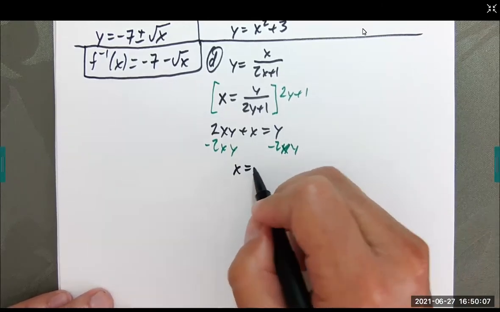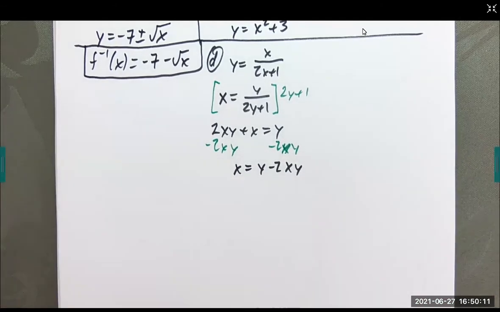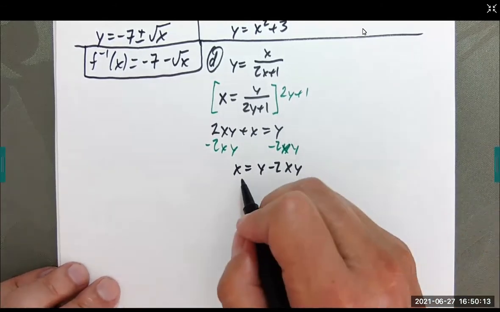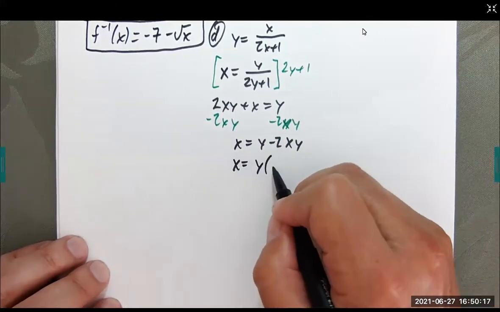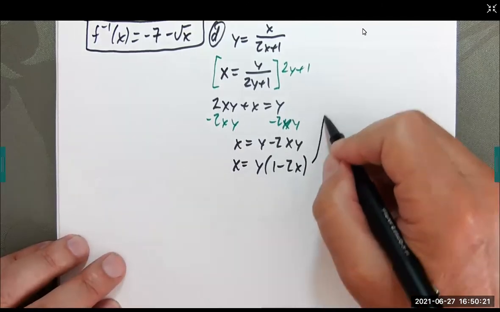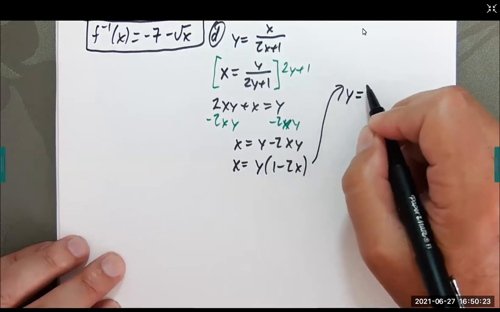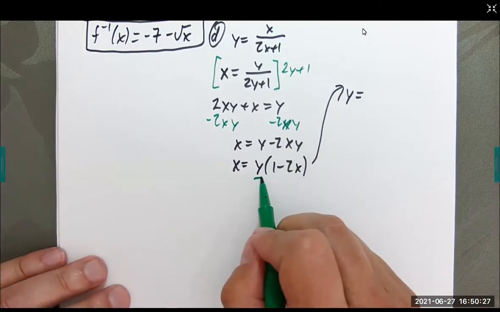So x equals y minus 2xy. And on the right side, I'm going to factor out a y. Here, I'm going to divide both sides.